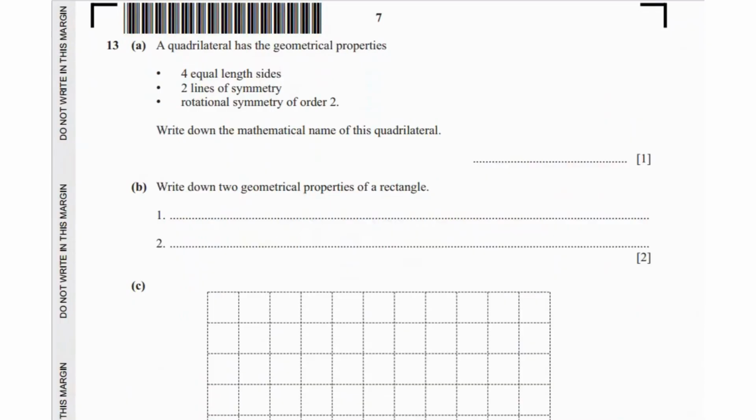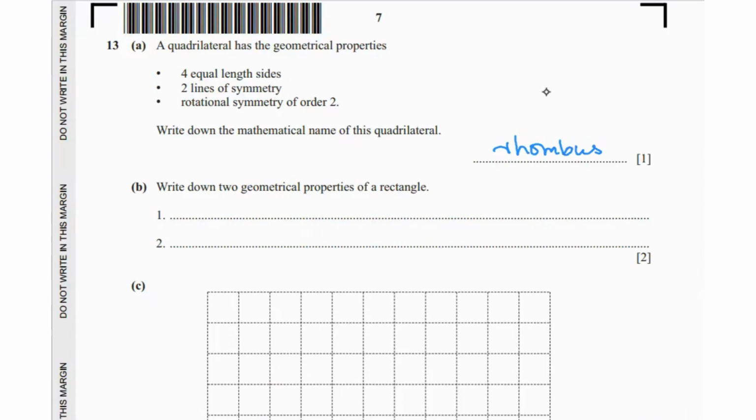This is a quadrilateral that has the geometric properties: 4 equal length sides, 2 lines of symmetry, rotational symmetry of order 2. Write down the mathematical name of this quadrilateral. So this one is probably a rhombus because it can't be a square. A square has more than 2 lines of symmetry, and the rotational symmetry order is also different.